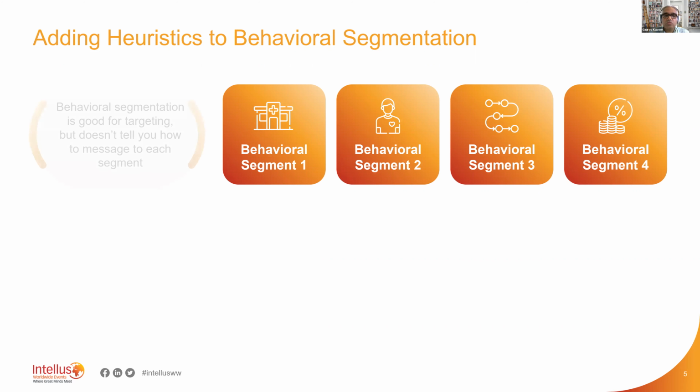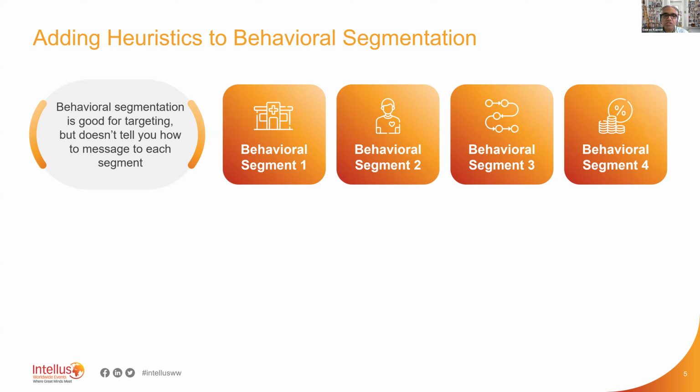The problem with this is, while this segmentation is very useful for targeting purposes and quite accurate for that task, it is not as useful or actionable for messaging, because while you know the behaviors of each segment, you don't know why they're behaving the way they're behaving. And if you don't know why, how are you going to change the behaviors with messages? That's the whole point of messaging, to change behaviors. So if you don't know why, it's basically shooting in the dark.